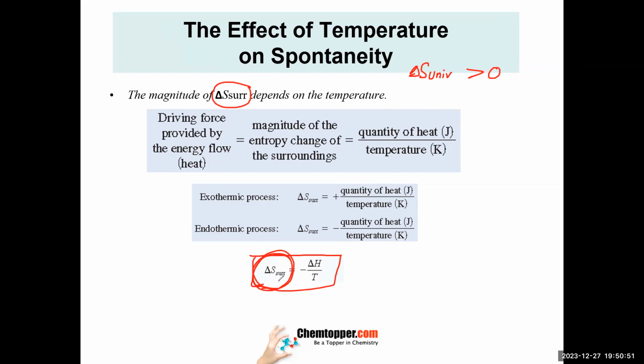So whenever the surrounding entropy is increasing, that process will be spontaneous, can take place.